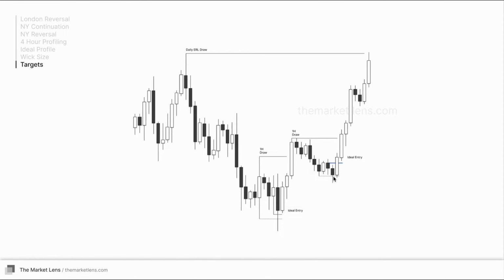If we want to re-enter the market for continuation, we're simply going to wait for an hourly or 4-hour key level or model to be engaged for continuation, right? So here we see we run out this short-term low and discount of this range. Here we have an ideal swing formation, so ideally I want to be involved before we take out this hourly draw and hold runners into the higher time frame drawn liquidity.